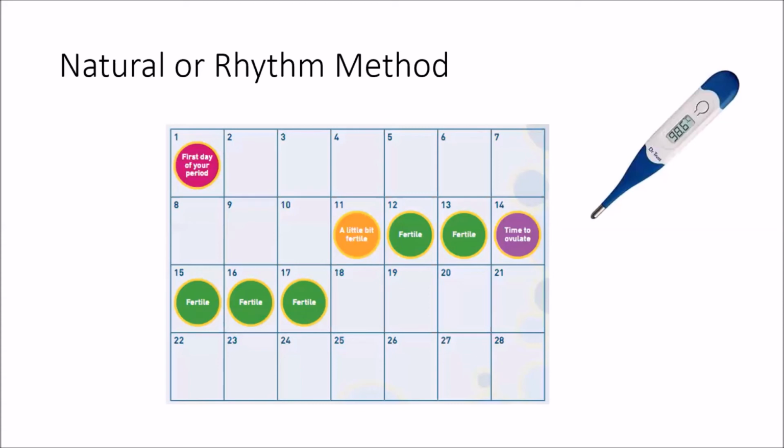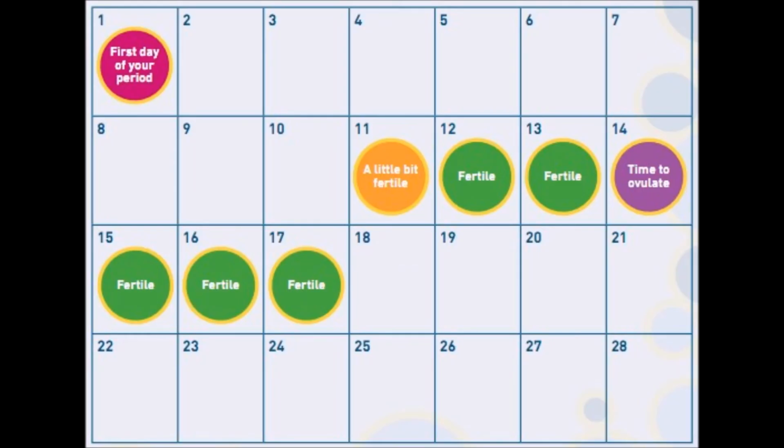But remember, I said that out of all the contraceptive methods, this method is going to be the least effective. So basically, to calculate this, you have to figure out when ovulation is going to occur. With this calendar here, they're using the lifespan of a sperm to be about 3 days. Remember, I said it could be from 3 to 5 days. Okay, so to calculate the fertility window, first you have to pick an ovulation date.